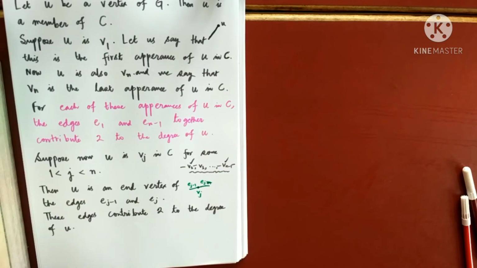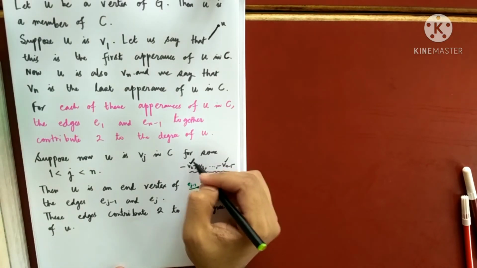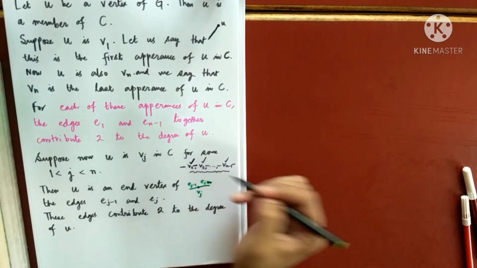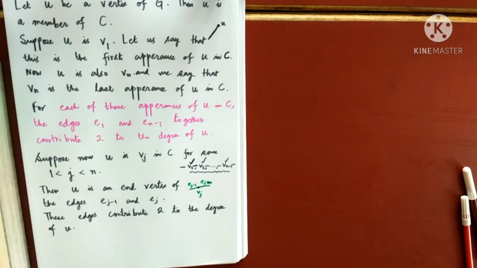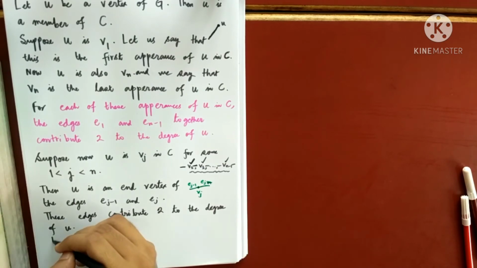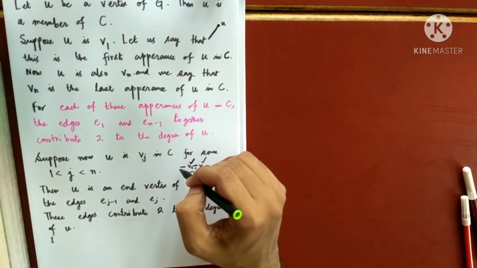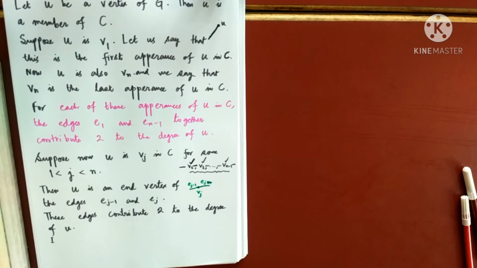So my point is they are always contributing an even number, and that means the degree is always going to be even. From this and this, even if u is the end vertex, the edges will always contribute 2, and if it is the middle vertex, the edges will always contribute 2.